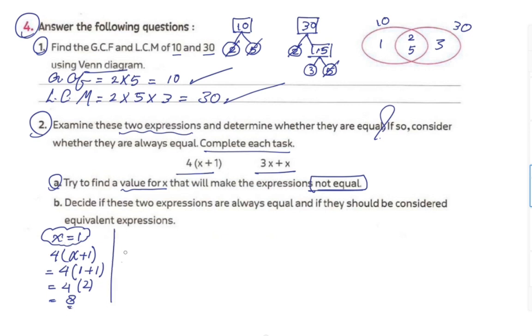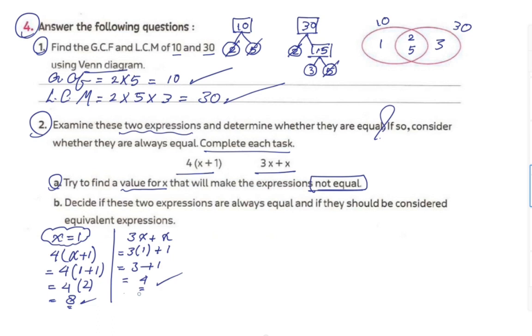Try the next expression. We have 3x plus x. If x equals 1, okay, now 3 times 1 equals 3, plus 1, that equals 4. So when x equals 1, the first expression gives us 8 and the second expression gives us 4.